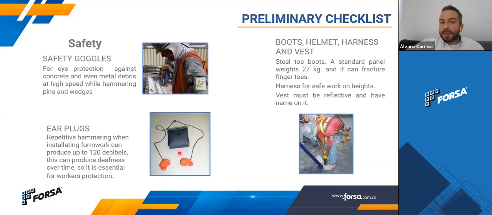So they need to be protected in that way also, not only with the boots, steel toe boots. They need a harness, they need a reflective vest, and somewhere, maybe in the helmet or in the same vest, it's also good to have their names and their blood type.